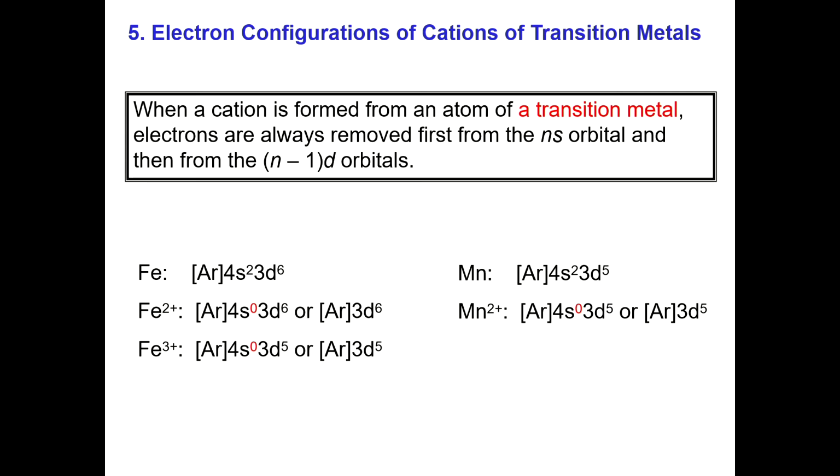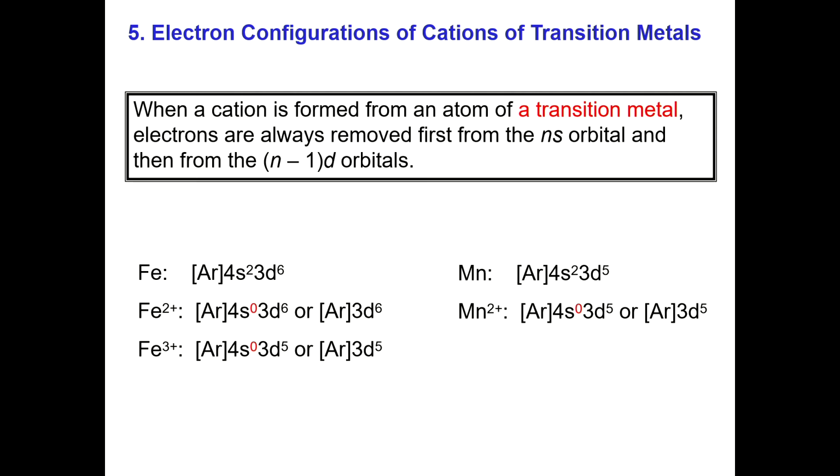For example, in this case, iron tends to lose these 2 electrons firstly, and then it can lose more electrons from D to form 3+ charge. Okay, and then we also introduce more properties about the elements later in this chapter.